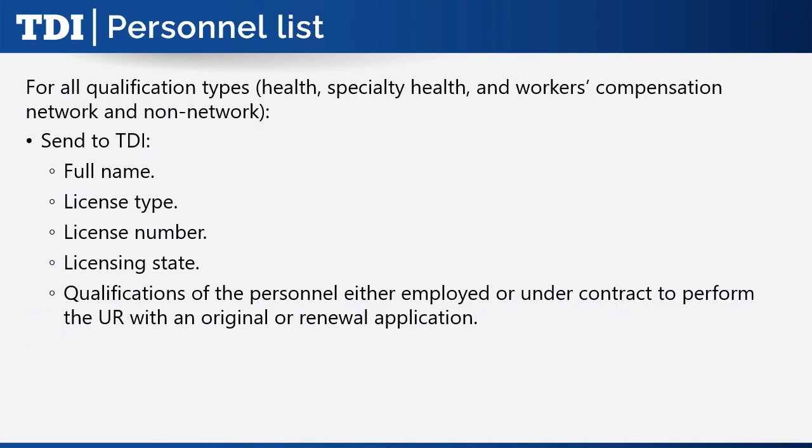The personnel list requirement is critical, and an application will not be approved unless a personnel list is satisfactory. For all qualification types, health, specialty health, and workers' compensation network and non-network, a URA must send to TDI the full name, license type, license number, state of licensure, and qualifications of the personnel either employed or under contract to perform the utilization review.